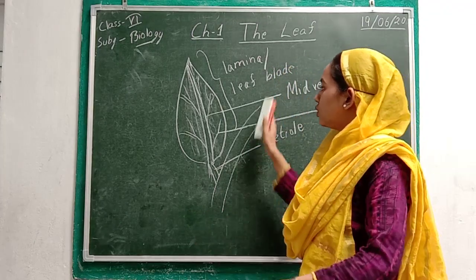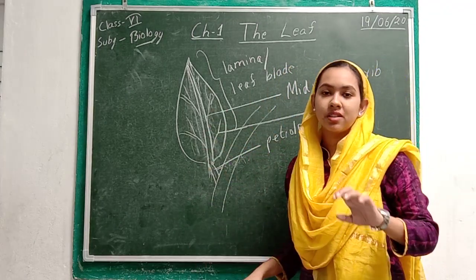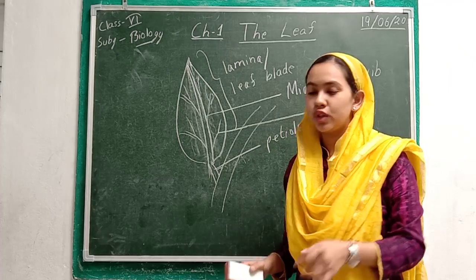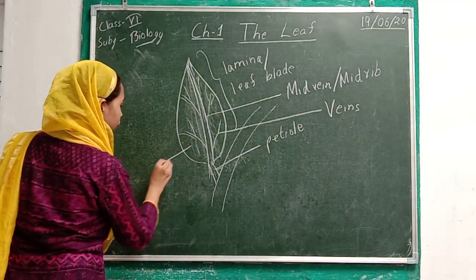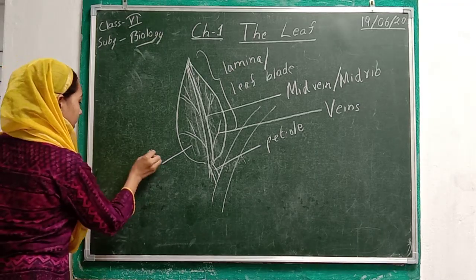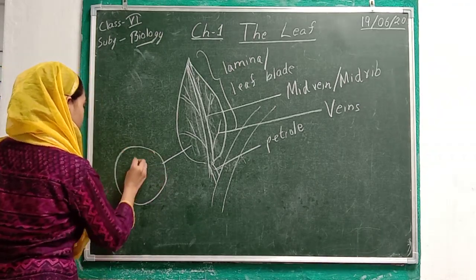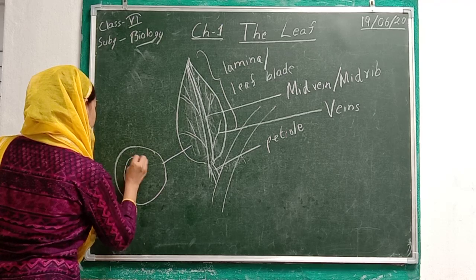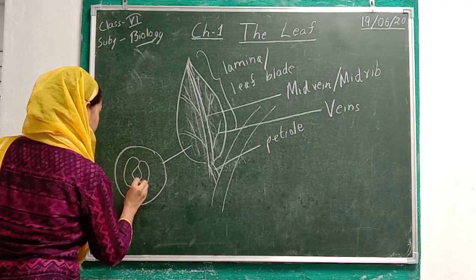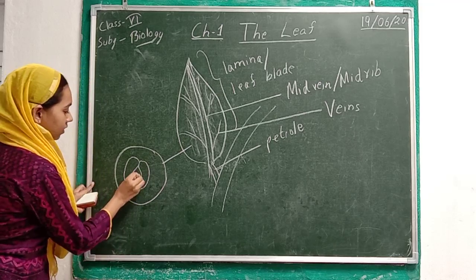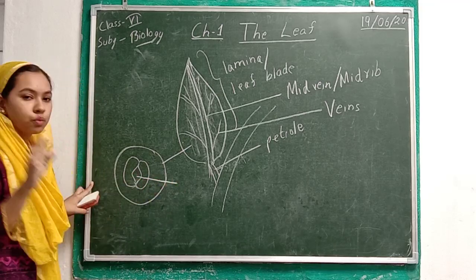Now when you just see a leaf, you can see these things, but there are a lot of things which you cannot see with your naked eyes. For example, if you take a small part of this leaf and see it under a microscope, you can see cells like these. In the middle you can see there is a small pore.